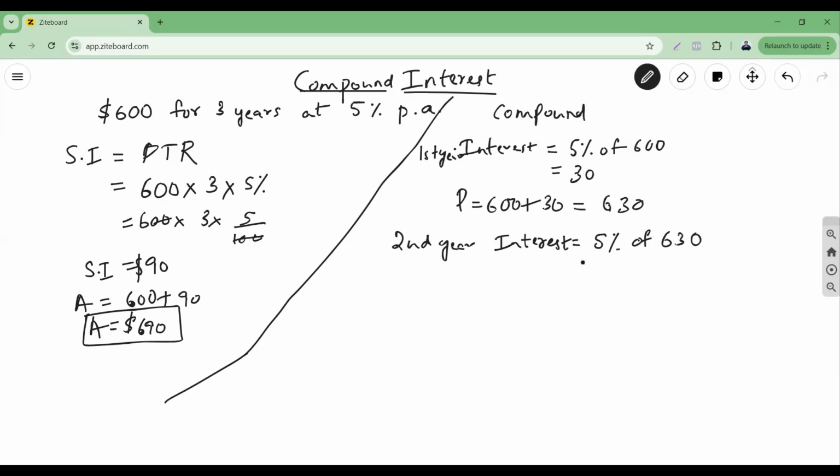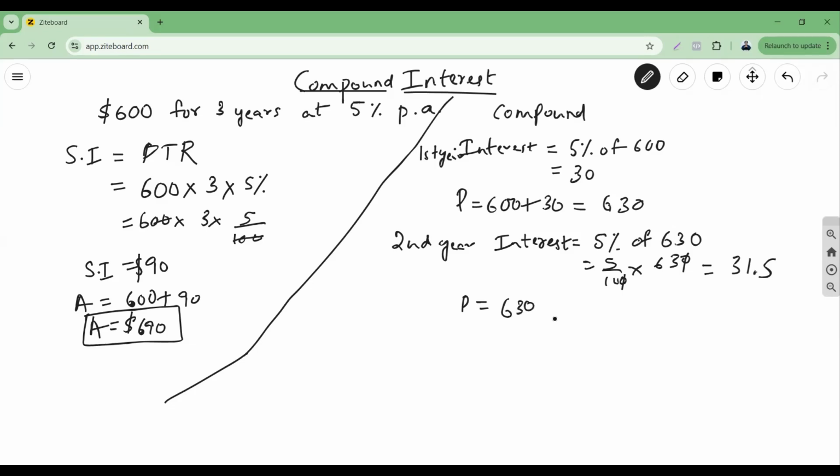So 5 over 100 times 630 is going to be $31.5.